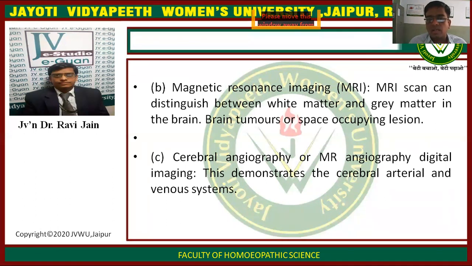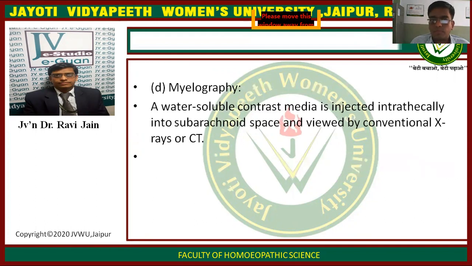Another important radiological investigation consists of cerebral angiography or magnetic resonance angiography, digital imaging. These demonstrate the cerebral arterial and venous systems. So we have CT scan, MRI and cerebral angiography or MR angiography.